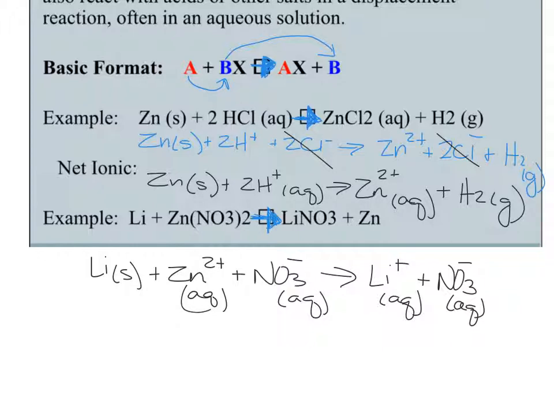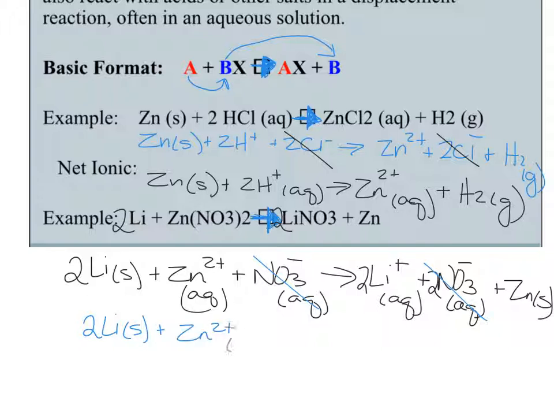This one was not balanced. So this is going to be 2Li, 2NO3 plus Zn solid. Again, looking for my spectators, NO3 minus. And that's it. So 2Li solid plus Zn2 plus aqueous yields 2Li plus aqueous and Zn solid, which is my net ionic.